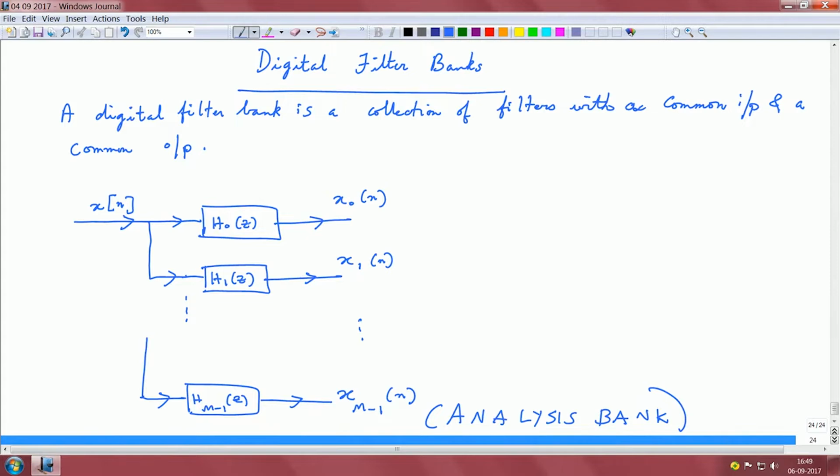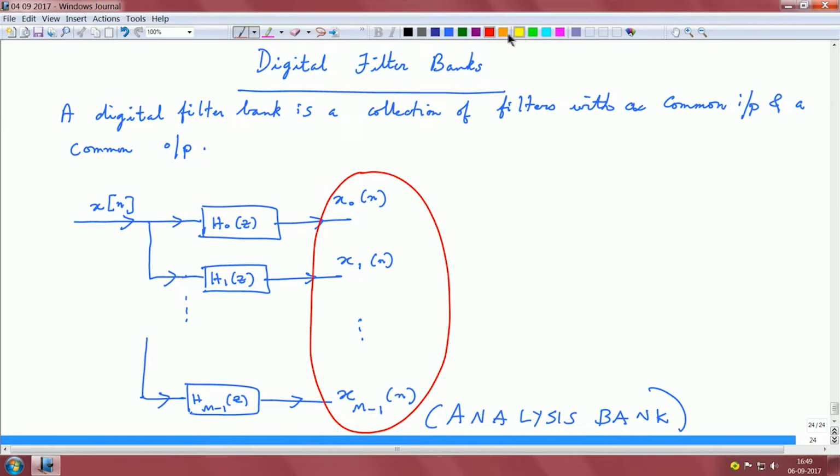This could be perhaps H naught could be basically your low pass filter, H m minus 1 could be your high pass filter, and all of these other filters could possibly be band pass versions, right. So, this is basically analysis bank, and these signals x naught of n, x 1 of n, so on till x m minus 1 of n, they are called sub band signals.